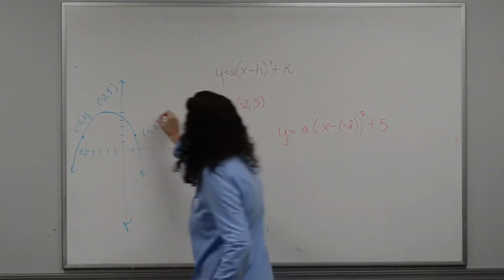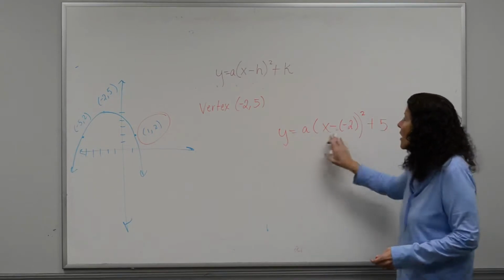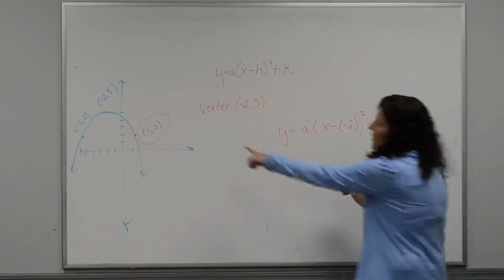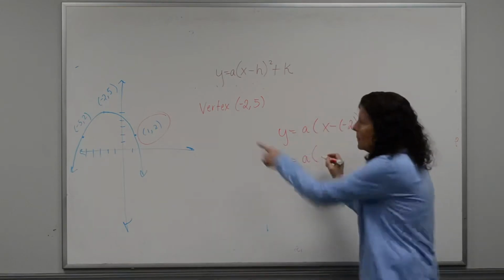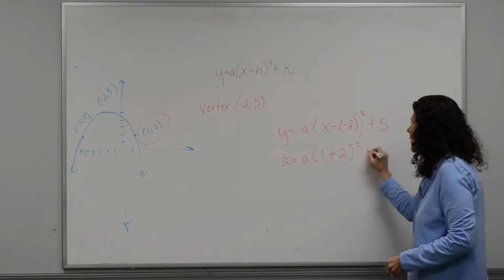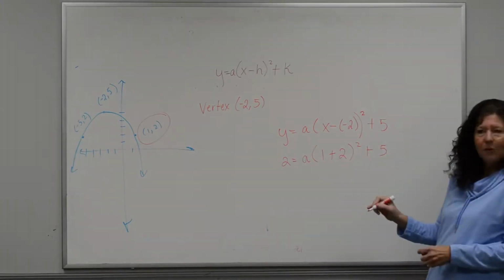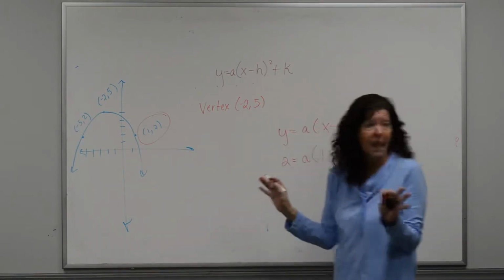Okay, so I pick another ordered pair. I plug it in for the x and the y. So I've got y is equal to a times 1 plus 2 squared plus 5. You with me so far? All I have to do is solve for the a.